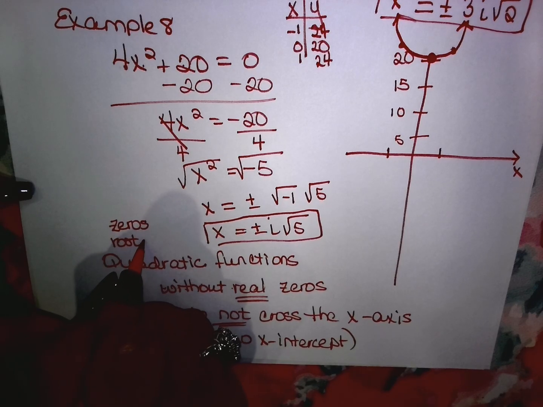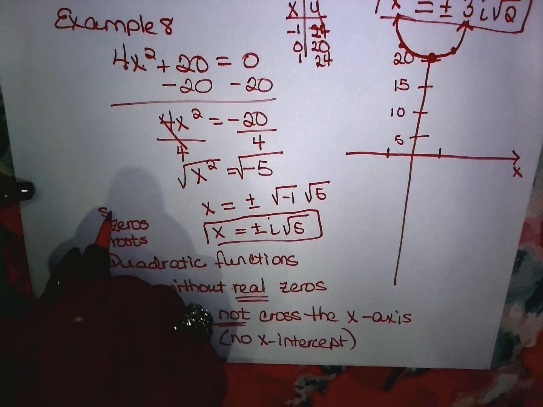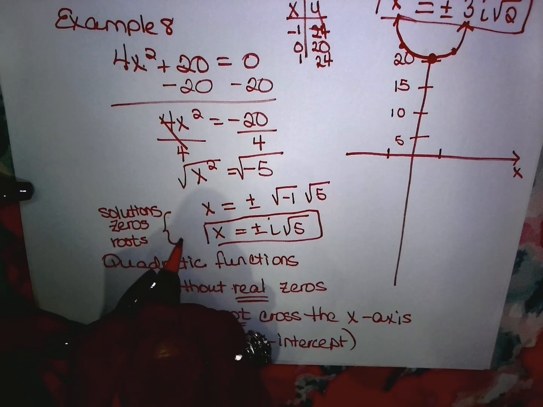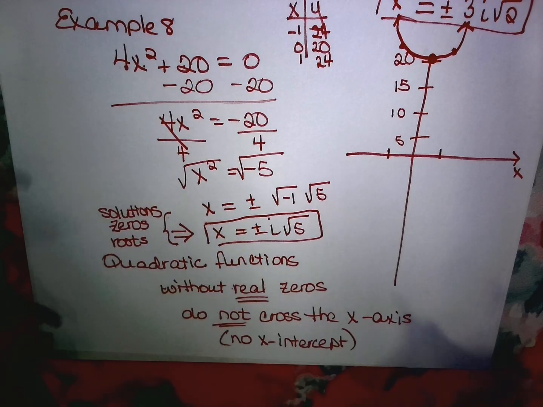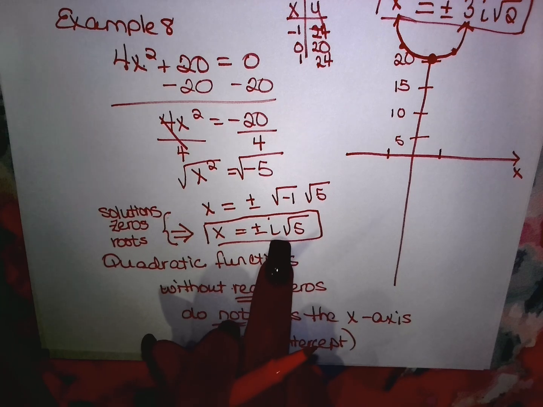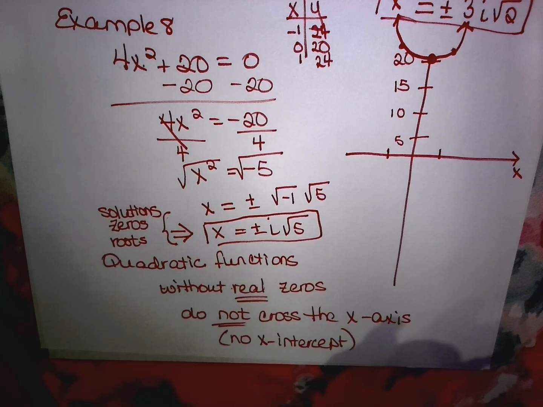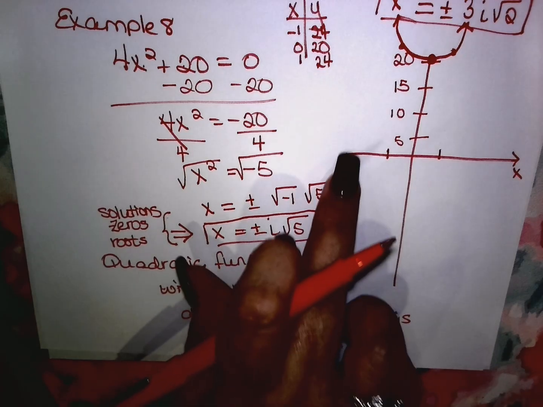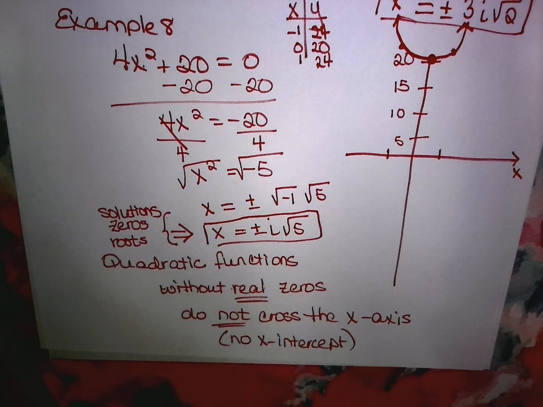These are zeros, roots, and solutions, but they are not x-intercepts. And that's because this is complex or imaginary. There's an imaginary part to it. If it was a real number, then it would be a solution, a zero, a root, and an x-intercept. It'd be crossing the x-axis.